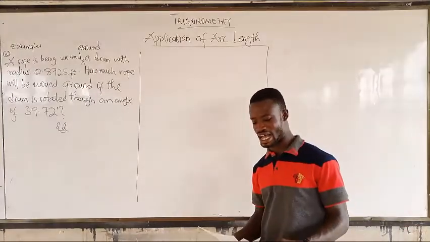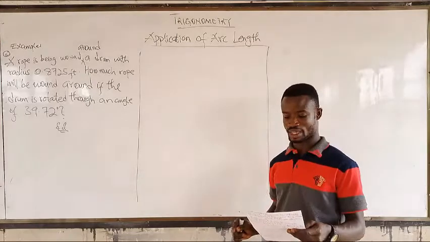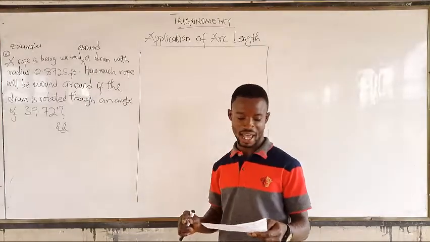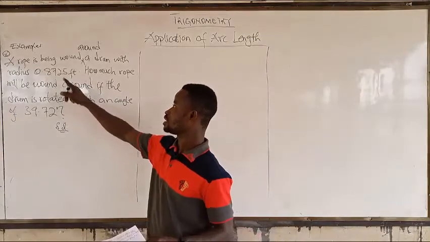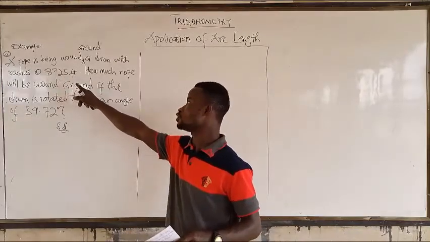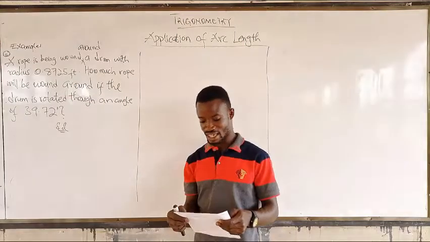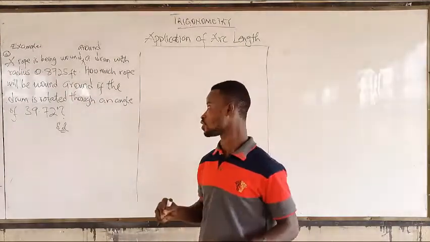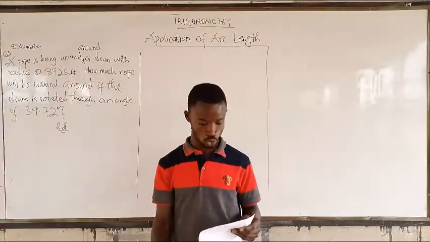Now you have to know that the length of rope wound around the drum is the arc length for a circle of radius 0.8725 feet and a central angle of 39.72 degrees.